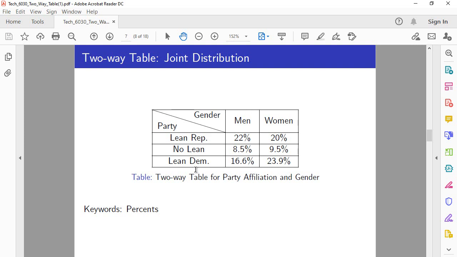One thing you can notice here is that men tend to prefer the Republican Party more than women, and women tend to prefer the Democratic Party over the Republican Party. This was the case in 2014.